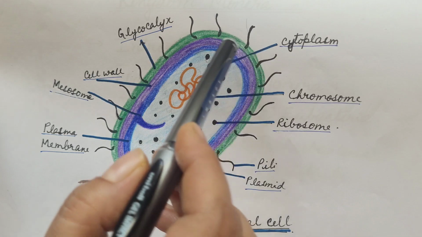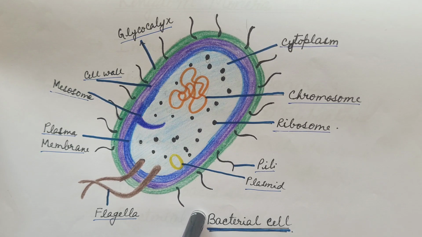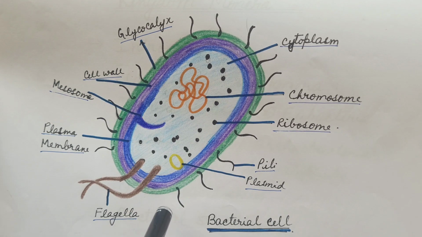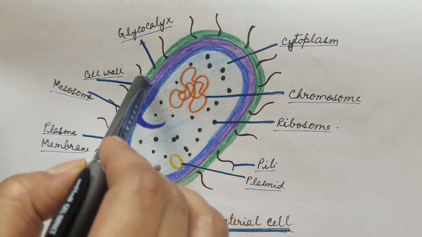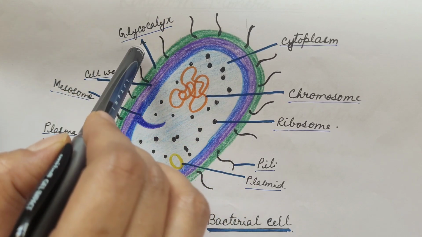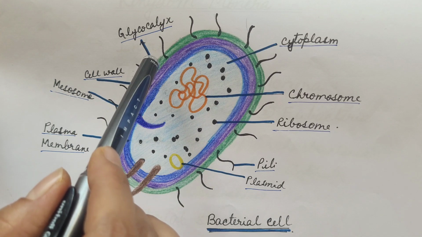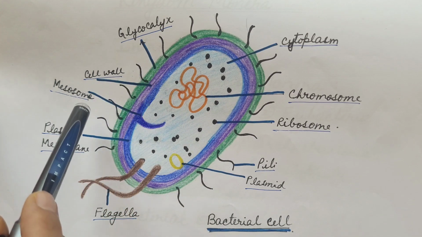This is the diagram of a bacterial cell. This is the structure of rod-shaped bacteria, that is bacillus bacteria, which is Eubacteria. So let us see different parts of this bacterial cell one by one. The outermost layer, which is in dark green color, is glycocalyx. When it is a thin layer, it is known as the slime layer, and when it is thick, it is known as capsule.